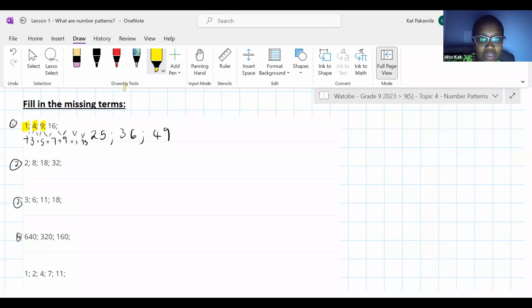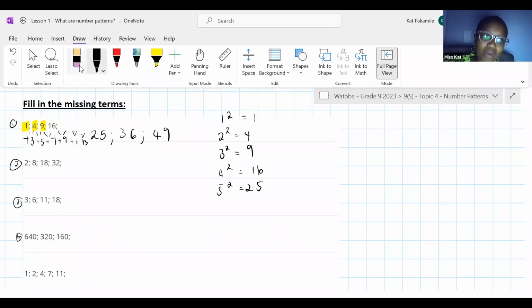Do you see where I'm going with this? I still don't understand. This pattern can also be seen as square numbers. You're right by your additions, but 1 squared is 1, 2 squared is 4, 3 squared is the next term, which is 9. 4 squared is 16. 5 squared is 25. You see? Yes, ma'am, I see.